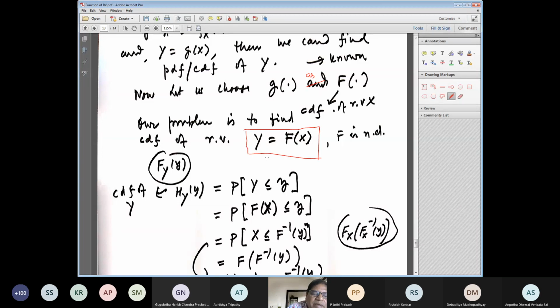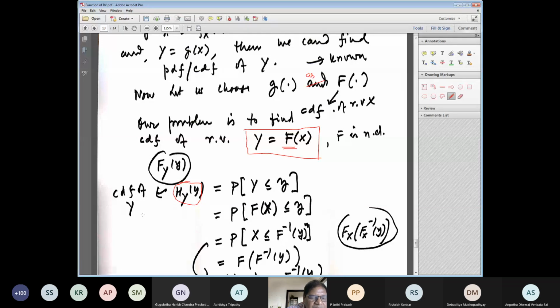So how to get this? Now here, the symbols may cause you confusion. What we basically need to find out is F_Y(y), the CDF of Y. But since this capital F is being used here as a function, I have used a new notation, H_Y(y).